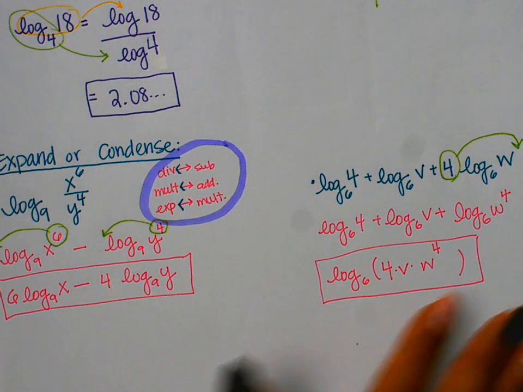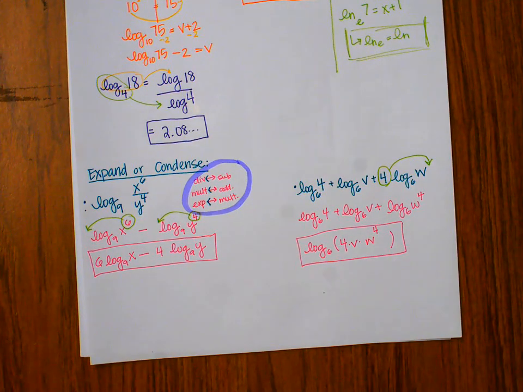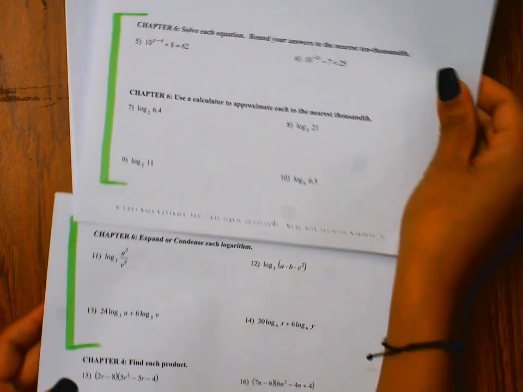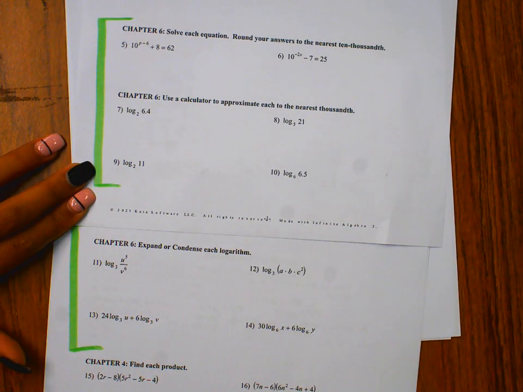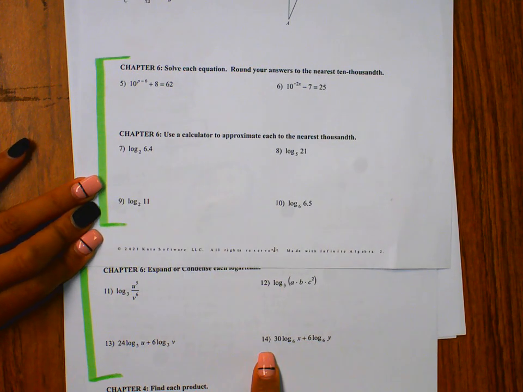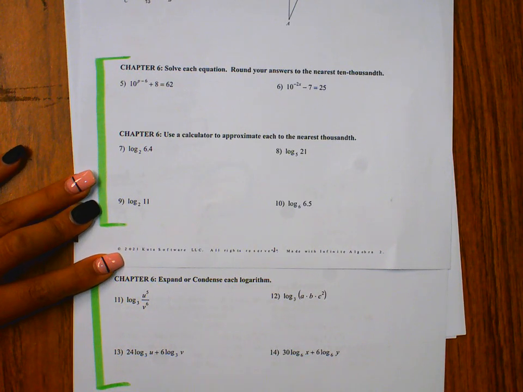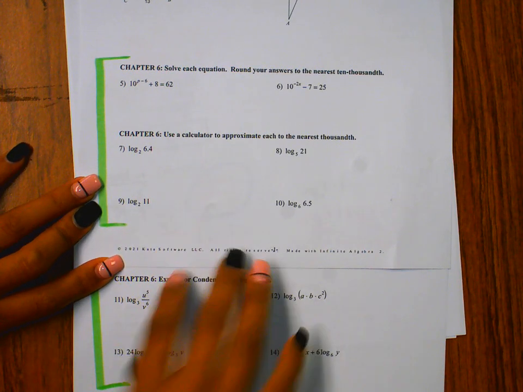What you are going to do now, with or without the sub, is work on the chapter 6 portion of your final review. You are going to do numbers 5 through 14, and you can use this video to guide you through that. You also have all the other videos that I've done on this lesson. I did a couple really long ones because that's when you had the sub.